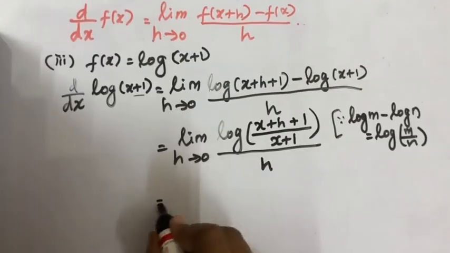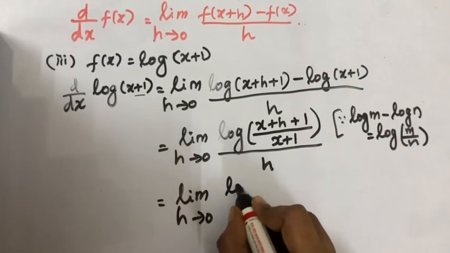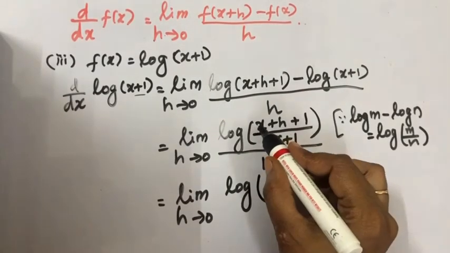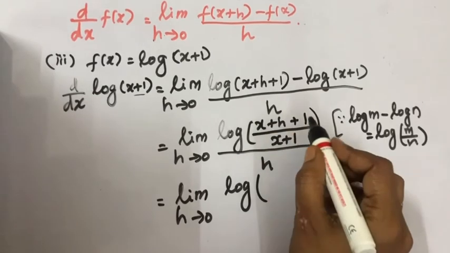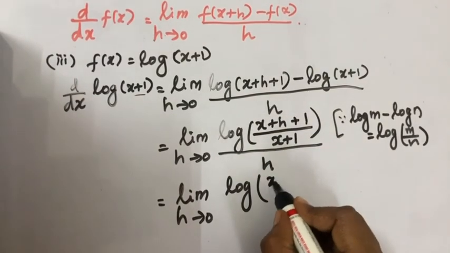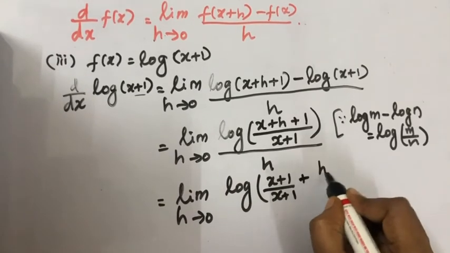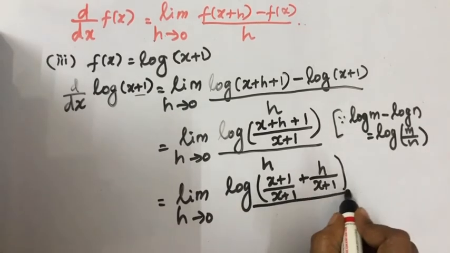That is equal to limit h tends to 0 log, this x plus 1 is the denominator for x plus 1 and h. So, I write this as x plus 1 by x plus 1 plus h by x plus 1 divided by h.